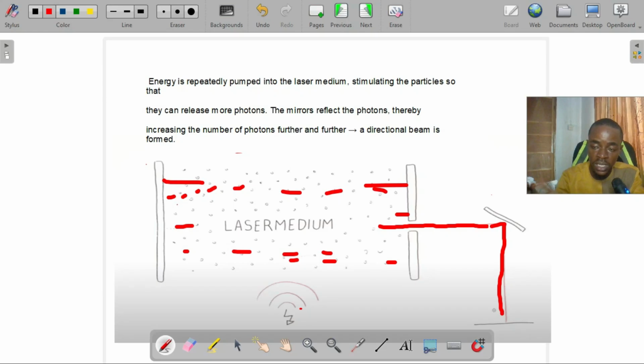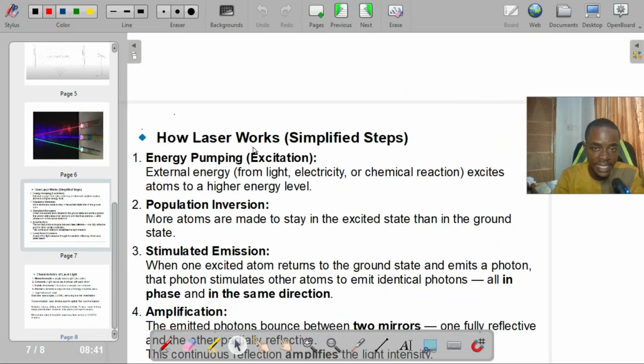Once the photon hits the excited particles, and they fall back to their basic state, double photons are released. Now once this still continues, that is, once you are still producing energy, you are still adding more source of energy. And here is a summary of it.